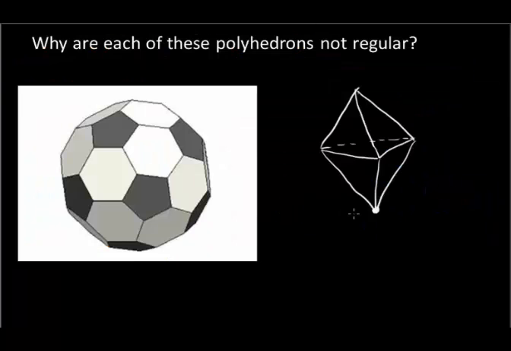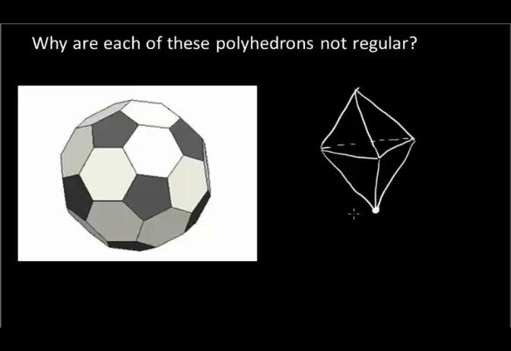Okay, here we see a picture of 2 polyhedrons. Their faces are made of polygons, 3D objects. The second one I had to draw again. That particular picture didn't appear. So why are each of these polyhedrons not regular?